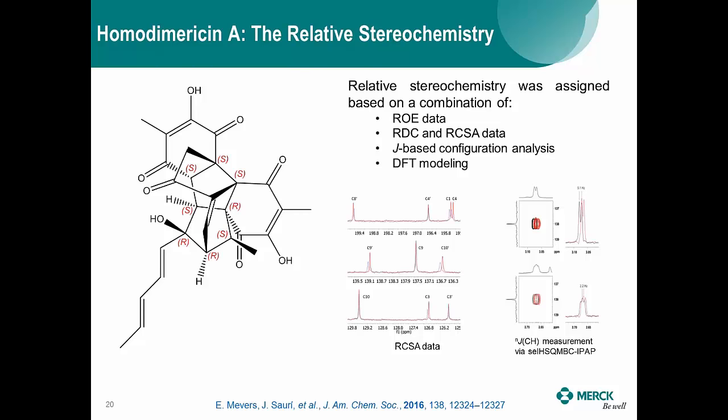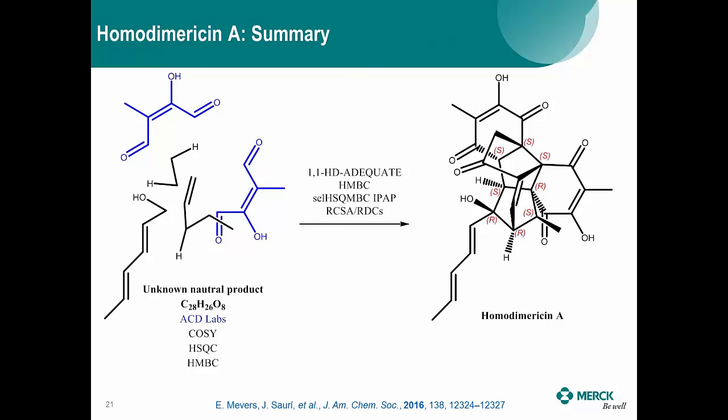Also, we used J-based configuration analysis, so basically we were measuring long-range proton-carbon coupling constants. And we also used some DFT modeling. In combination, all these techniques allowed us to assign the relative stereochemistry of Homodimericin A. So just as a summary, we started with an unknown natural product where we only had a few fragments, and HMBC was too messy to analyze because everything correlated to everything.